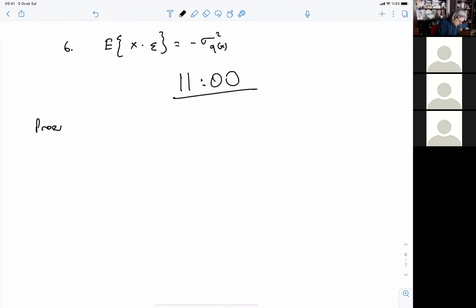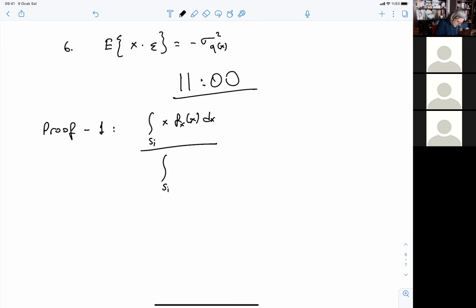So proof of 1. So what was the expression? The expression I will copy from here is the integral over Si of x times fx of x dx divided by, within the same region Si, the integral of fx of x dx.